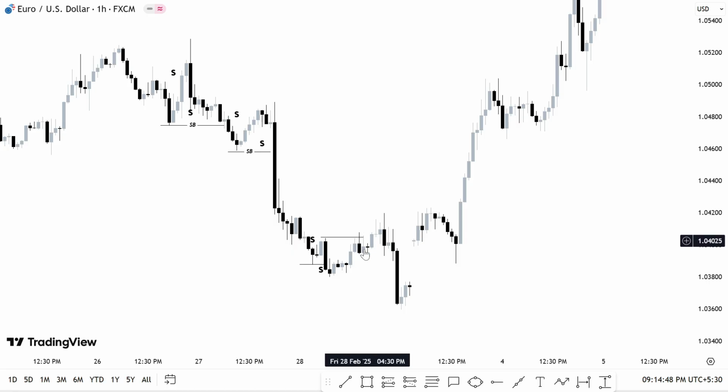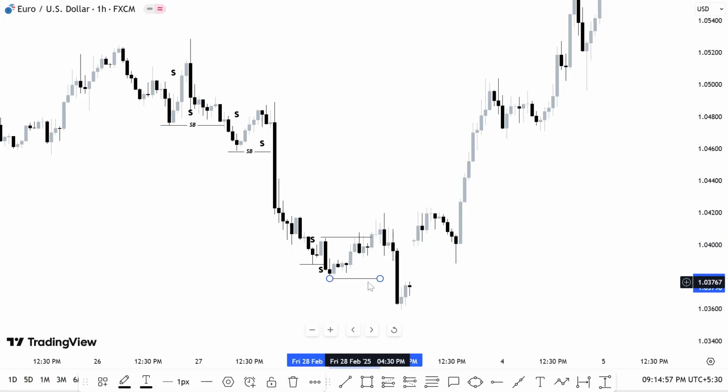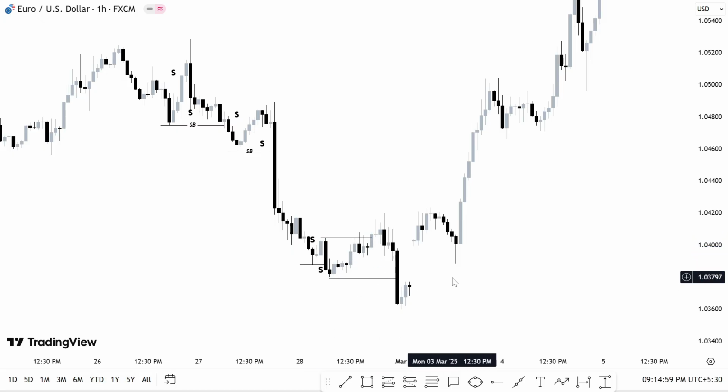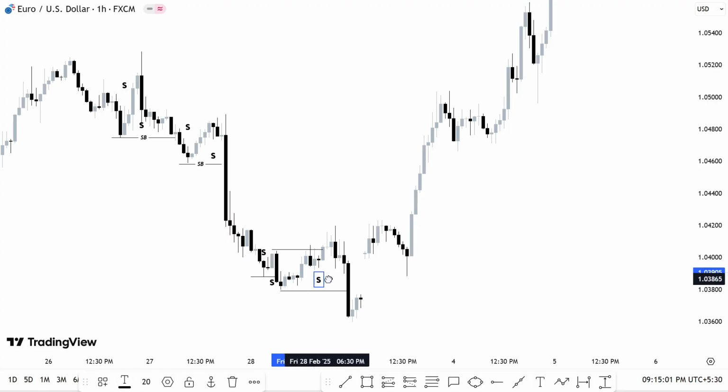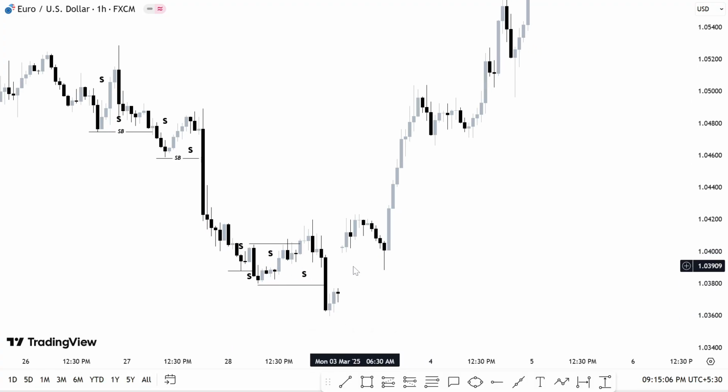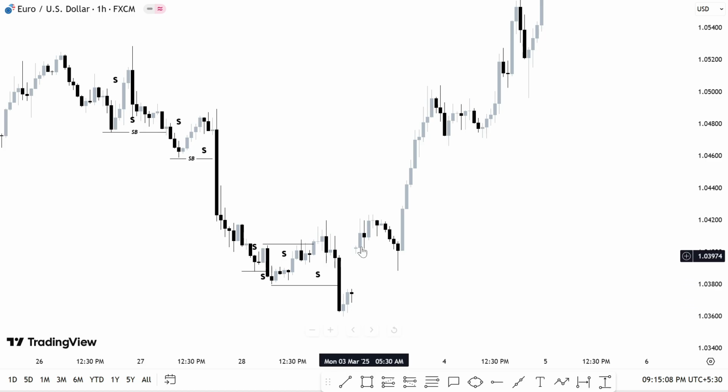Okay, one side it has spacing and other side it does not have spacing, so we'll use this as one structure, and after this structure is taken price now moves to this. So this is also a valid structure because we have spacing here, we have spacing here. Again, once the price broke down it should continue downside, but what price did is reverse. Price reversed from here.